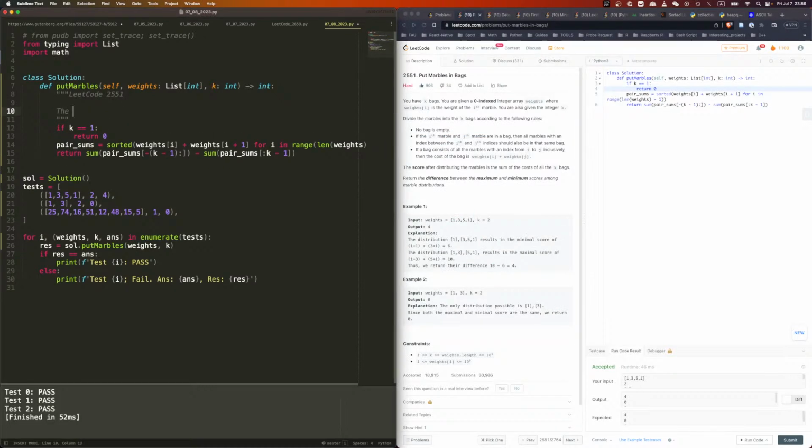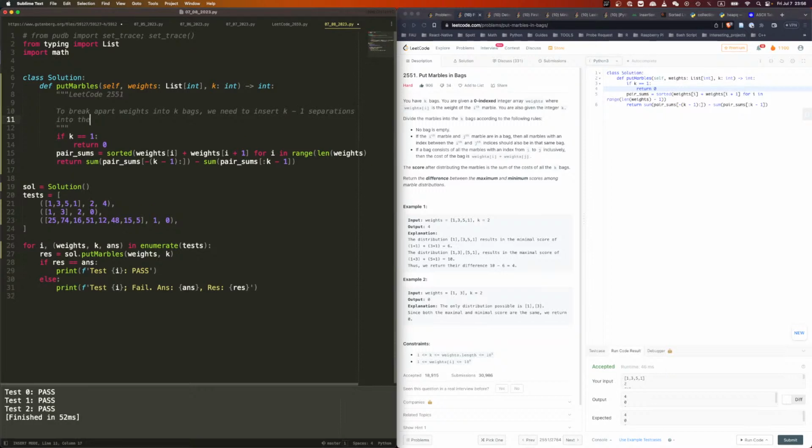So the idea is that to break apart weights into k bags, we need to insert k-1 separations into the array.